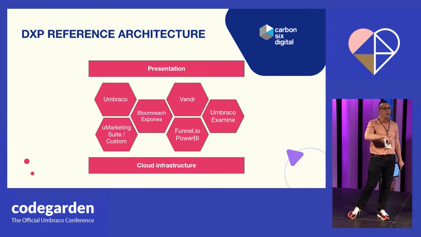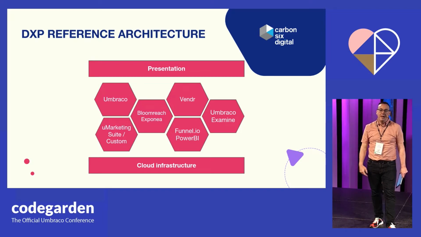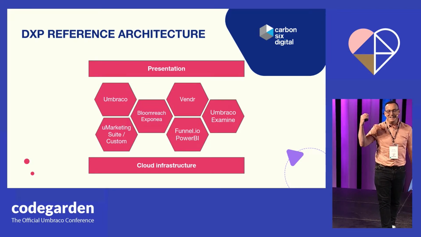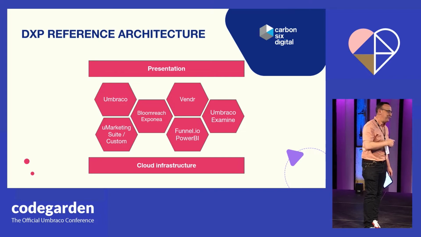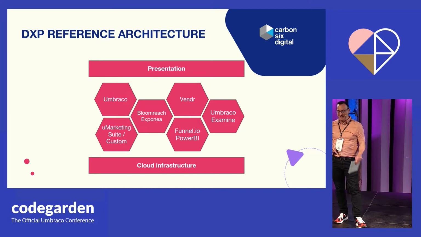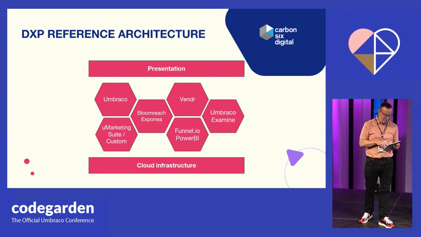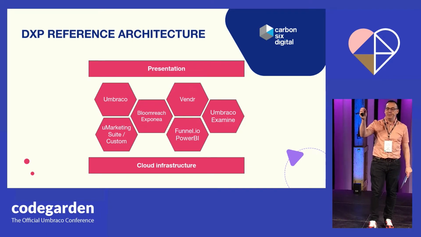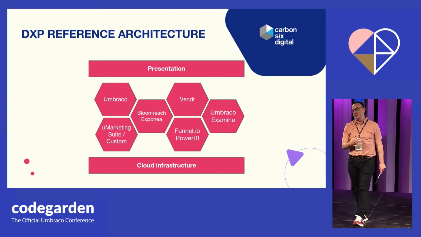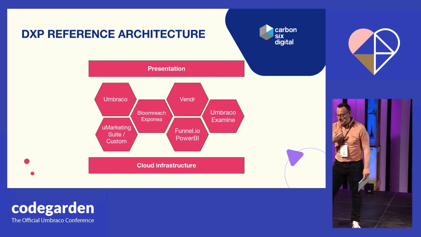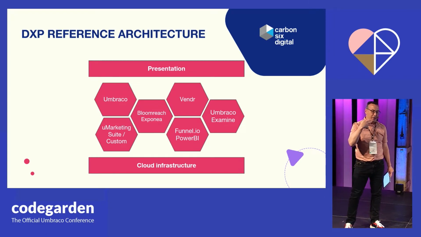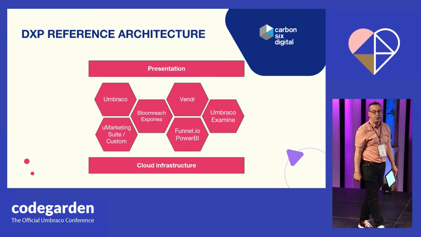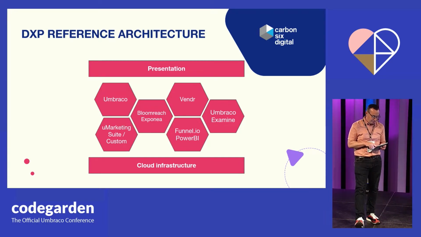We'd integrate with Bloomreach for customer data platform, especially where we had a need to do omni-channel personalization. And where there was a need for that omni-channel personalization to drive into flexible personalization, then we would integrate Bloomreach into uMarketingSuite.